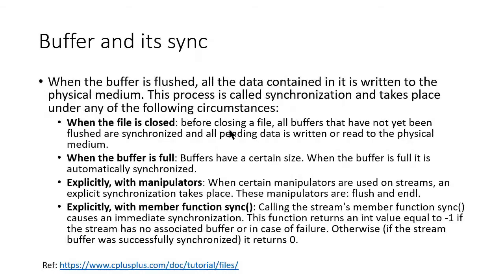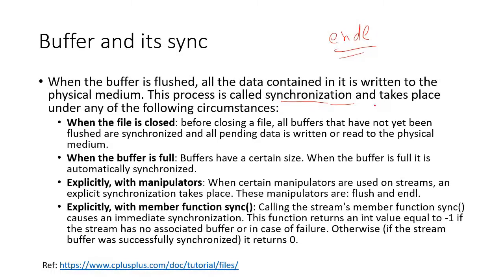All the data contained in it is written to the physical medium if it is an ofstream, the output stream. This process is basically called synchronization. You remember we were using endl. We were flushing explicitly so that synchronization would happen between the stream and the output console.